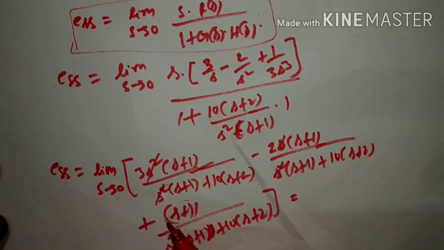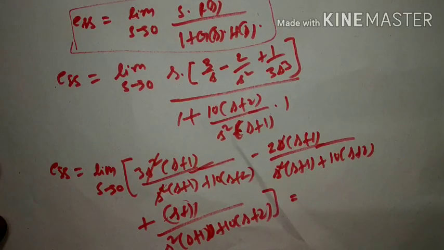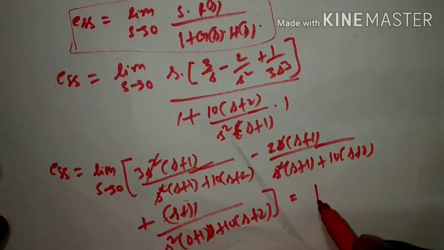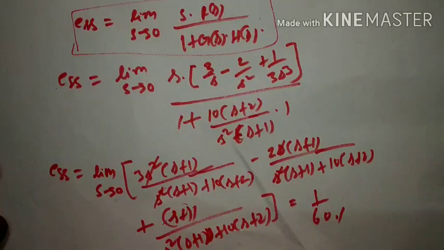So when you substitute, this term becomes 0, and lastly you will get 1 by 60. So the answer is 1 by 60. ESS here is equal to 1 by 60.